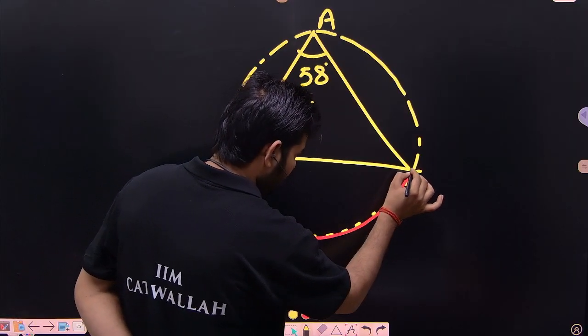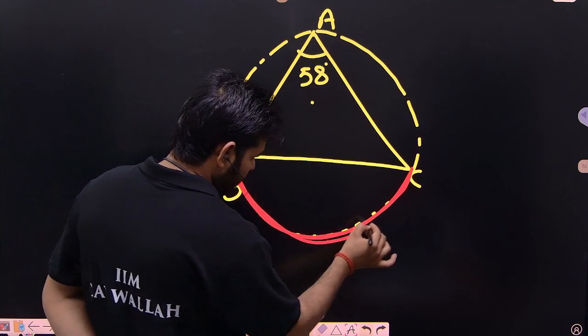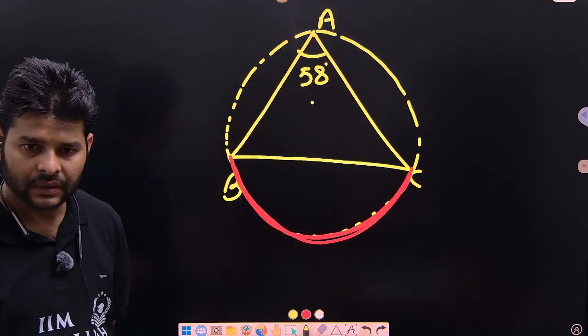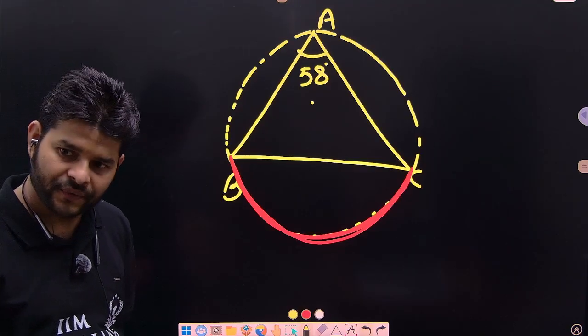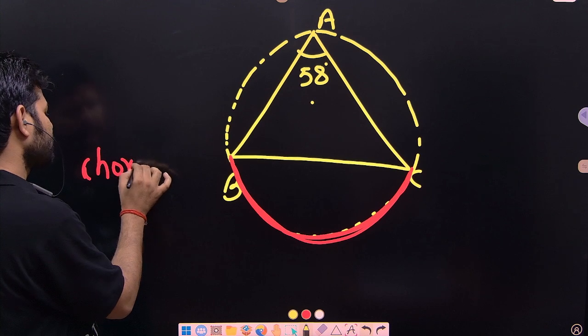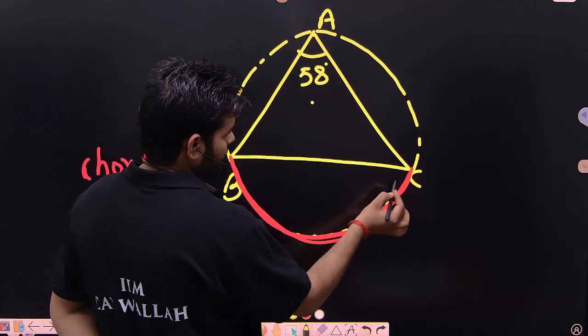this segment of circle. This segment of circle is called chord of circle. Chord means any part of the circle. Curved part is called chord.